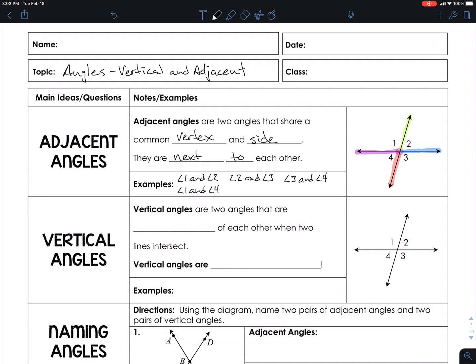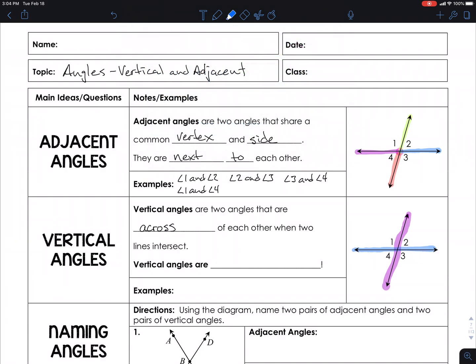Vertical angles. Vertical angles are a little harder to understand, but they're really simple once you get it through your head what they are. Vertical angles are two angles that are across from each other when two lines intersect. So what they're talking about is two lines. This is a line, and this is a line.